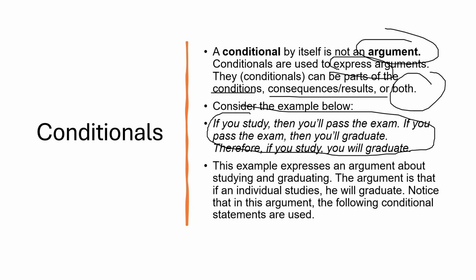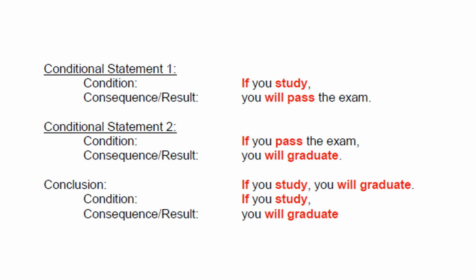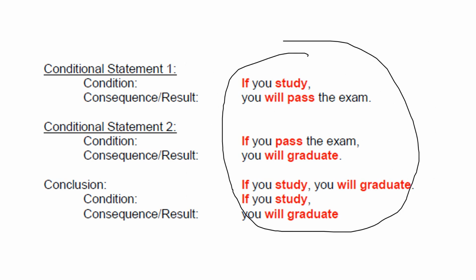Therefore, if you study, you'll graduate. It sounds like some sort of logic, right? This example expresses an argument about studying and graduating. The argument is that if an individual studies, he will graduate. And notice that in this argument, the following conditional statements are used. Here, and here, and here. So you can see that in the sentence.